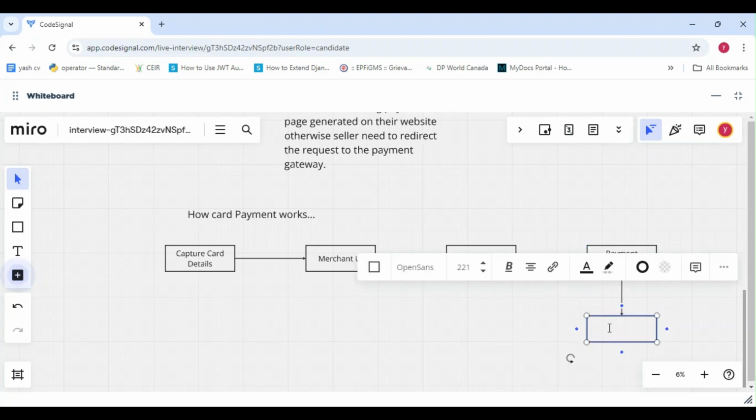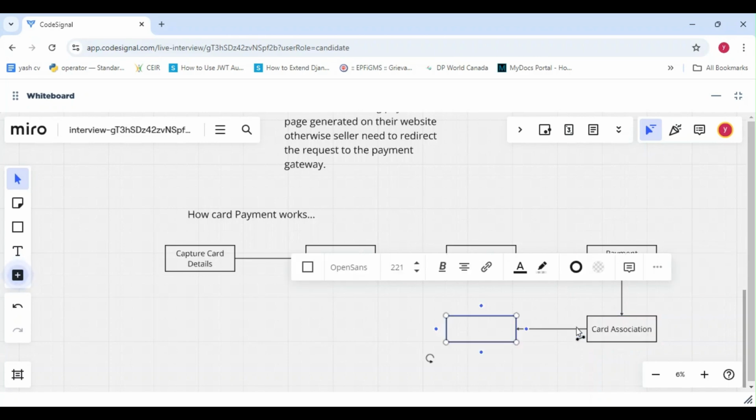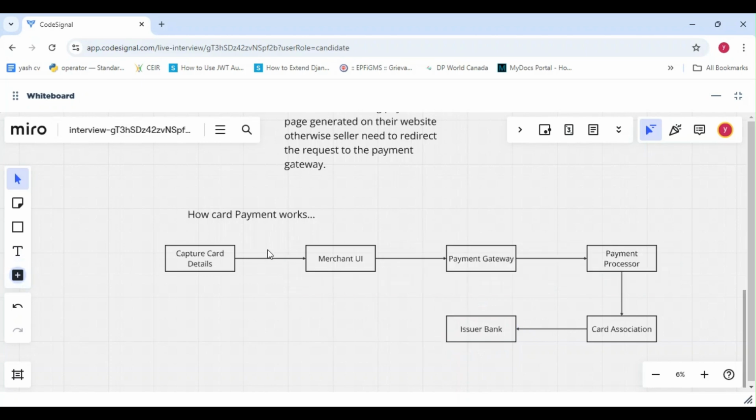Then we have the card association. Then we have the issuer bank. Let me write some numbering also, I think that will make more sense.